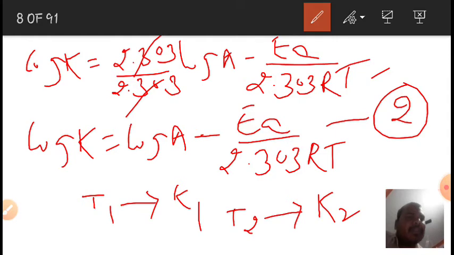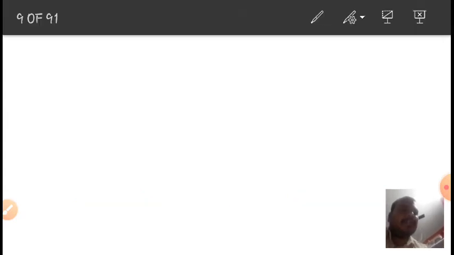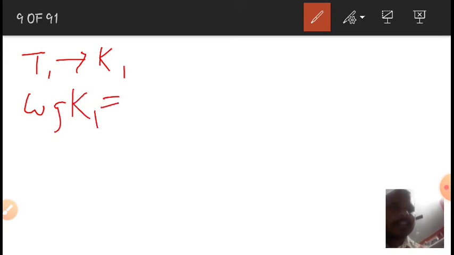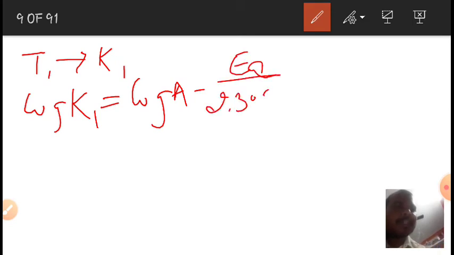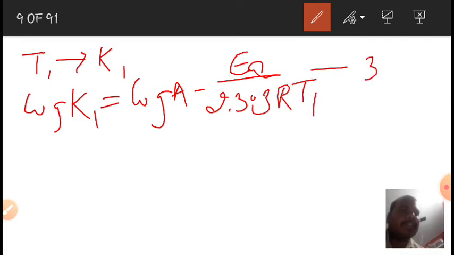Putting these values in equation 2, I will get two equations. At T1, log K1 is equal to log A minus Ea by 2.303 RT1. This is equation 3.